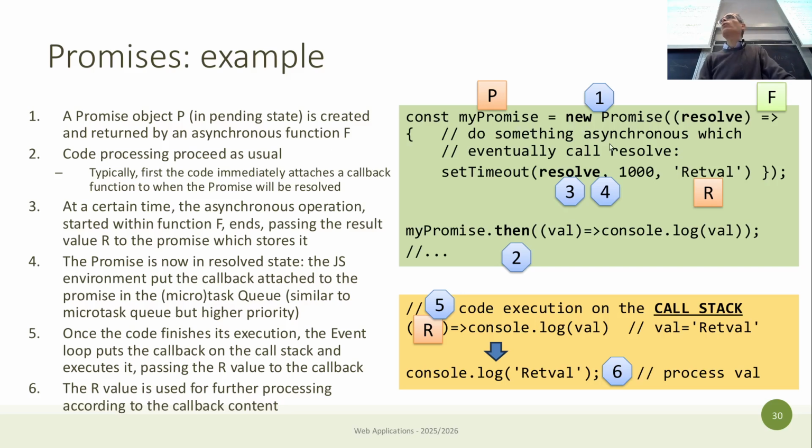So at a certain point, we have an asynchronous operation to be executed, and in this very simple example, it is in short waiting for a certain amount of time. Okay, set timeout for 1 second. The simplest asynchronous operation we can write in JavaScript. Okay, could be a database query and so on.